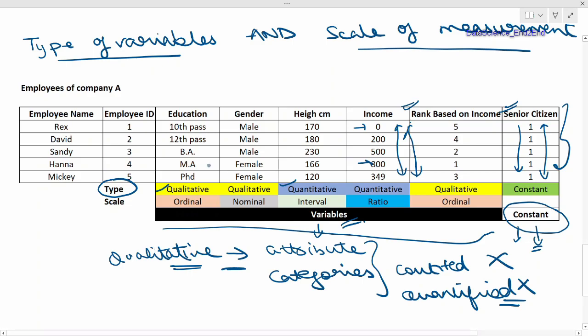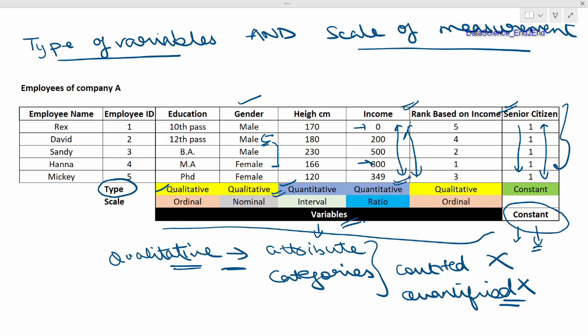To take an example, suppose gender. In case of gender, we are just telling whether an employee is female or male. That is, we are creating categories about employees, highlighting their attributes. We can't measure it or quantify it, like saying Rex is 20% female or male. That is not the case. So qualitative variables are those where we are creating categories and highlighting some kind of attributes about our observations.